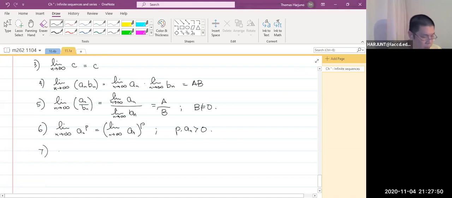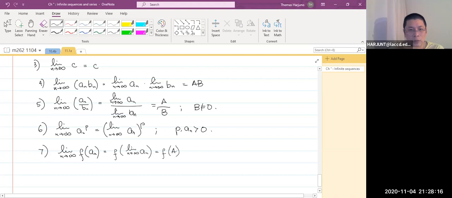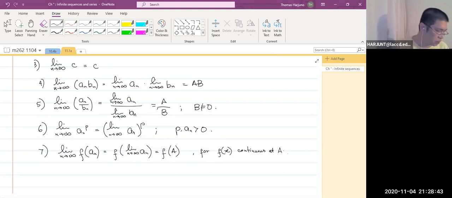The limit as n goes to infinity of a function of a sequence is equal to the function of the limit of the sequence, for f continuous at A. Yeah, that's something nice to know.